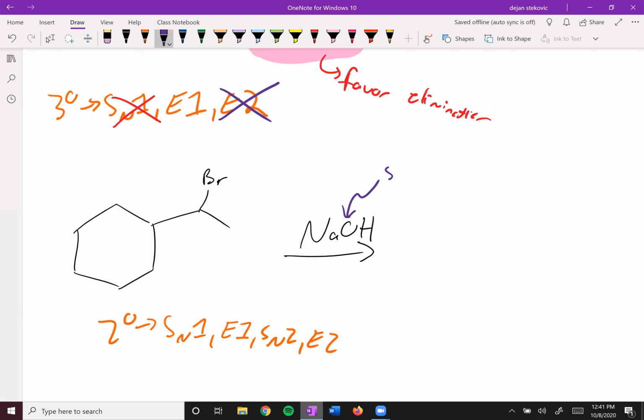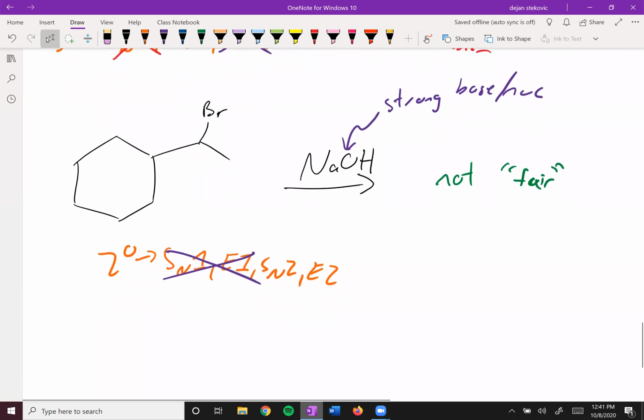And then here we have a strong base/nucleophile. And so that eliminates the SN1 and the E1 pathways. Now how are you going to choose between SN2 and E2? Really, you can't. This question would be classified, what I would say, as not really a fair question, because both of them are going to occur. Which one's the final product depends on your conditions.